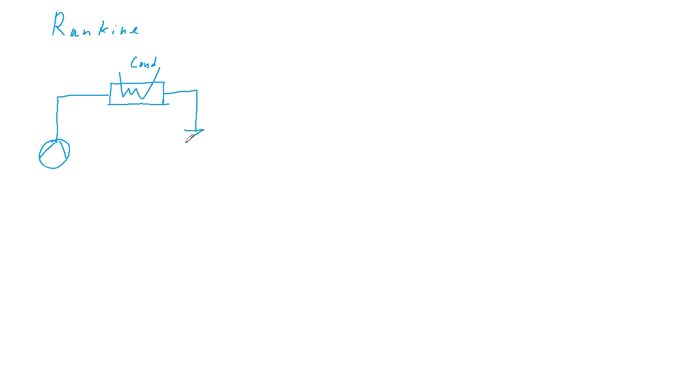Following is a throttling valve. And in the cooling cycle for the cold part, we have the heat exchanger called evaporator. So the heat is transferred into the system in the evaporator.